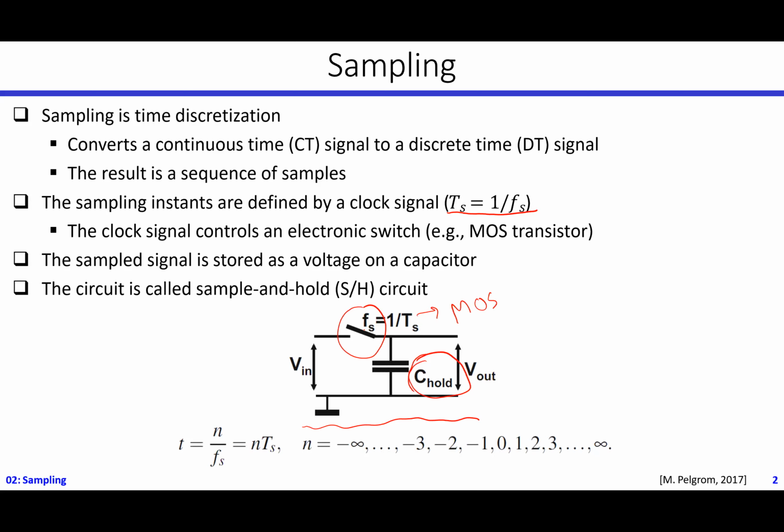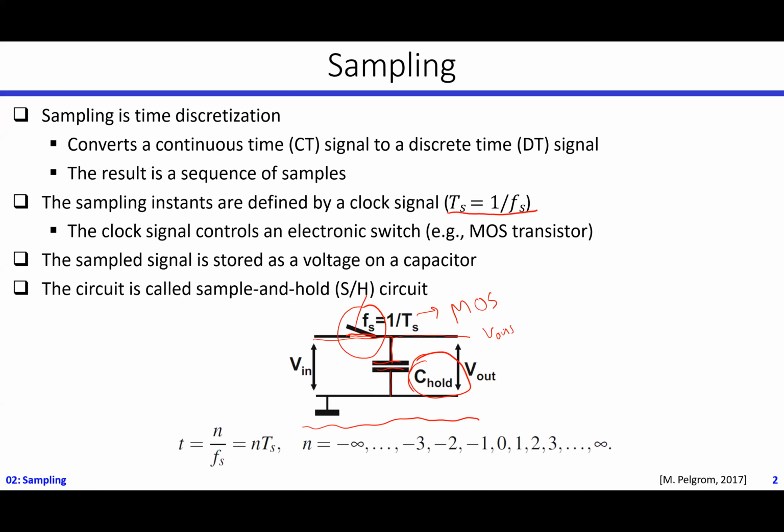So when the switch is closed, whatever input voltage Vin I have here is being charged on this capacitor. And once this switch opens, this capacitor is supposed to hold the value that was previously stored from Vin and move it to the output voltage here, Vout. So that's how it happens.